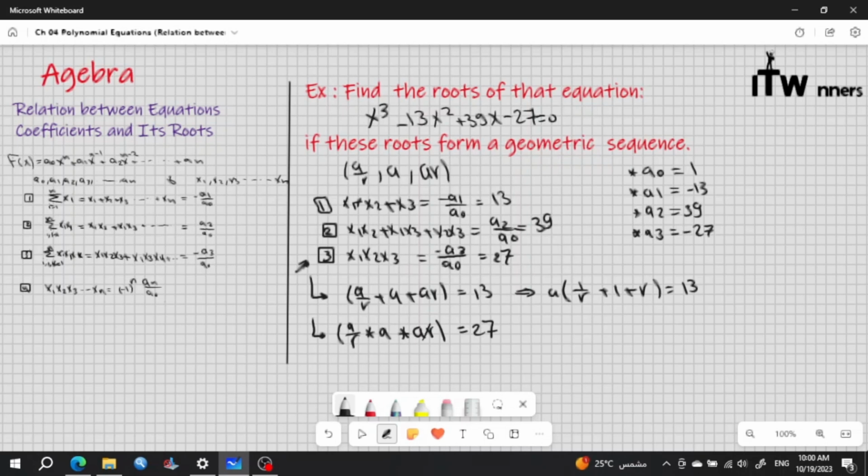So we have (a/r)(a)(ar) equal to 27. From here a³ equal to 27, so a equal to 3.